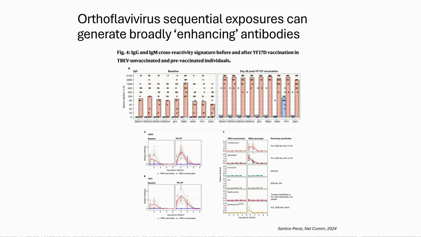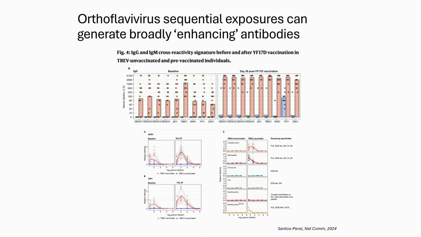Following yellow fever vaccine, we can see a boosted response across all flaviviruses in individuals who were primed with the TBE vaccine on the right, versus, interestingly, individuals who just received the yellow fever vaccine had a very specific response to yellow fever. So that's interesting in framing that the cross-reactive response, which we would expect, but it's a nice illustration, varies by which flavivirus you're talking about.